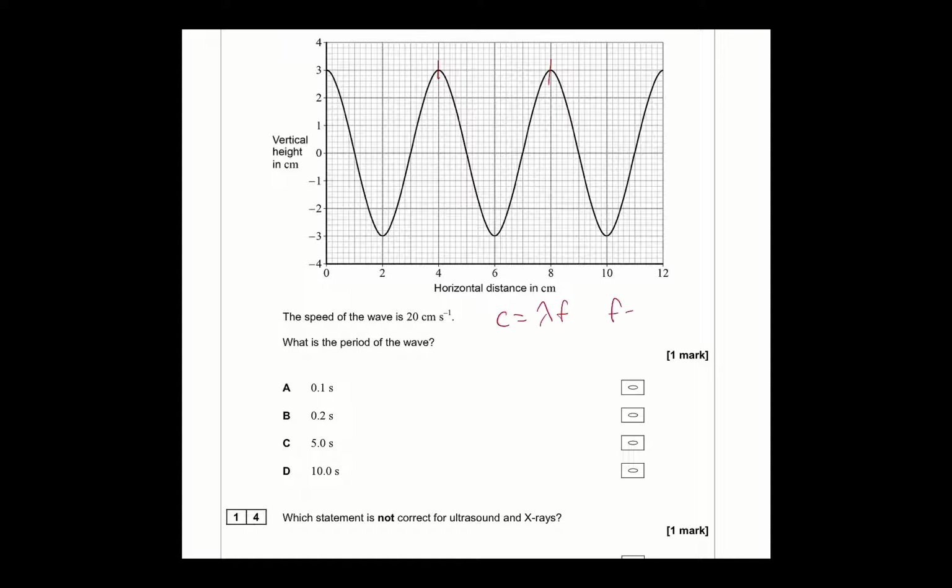So f is equal to c over lambda, so period is lambda over c, I should say. So 2 divided by 20 is 0.1 seconds.